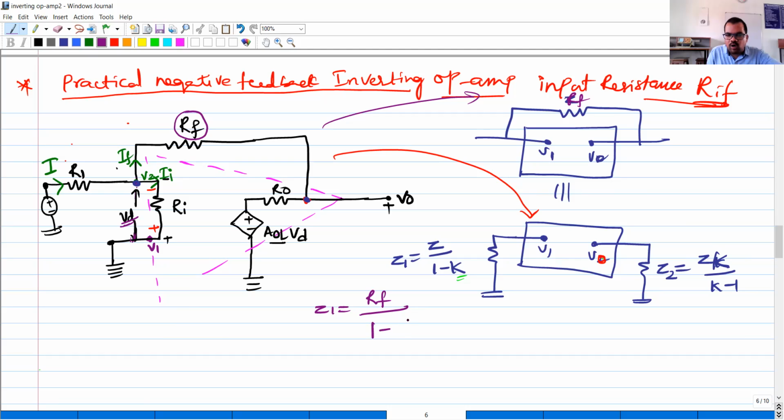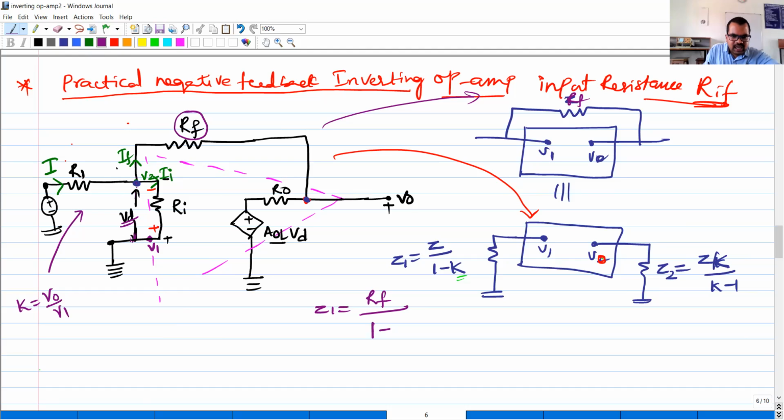K is our output voltage by input voltage, from this figure V0 by input voltage V1.